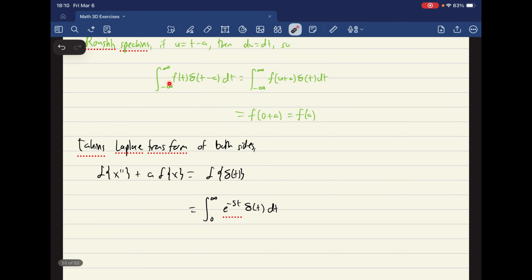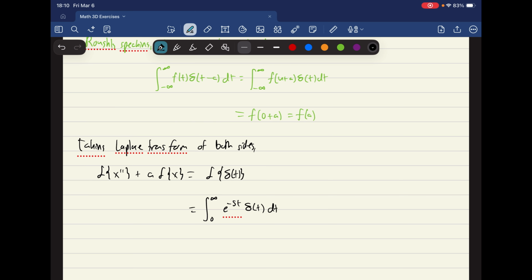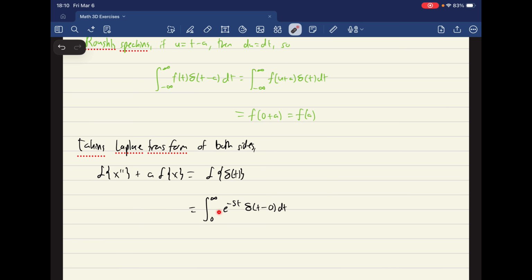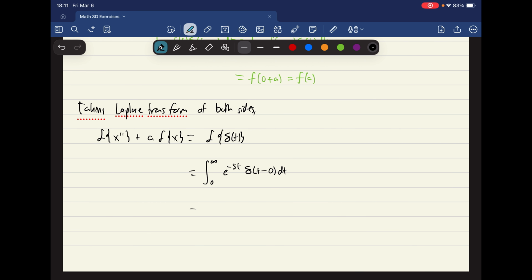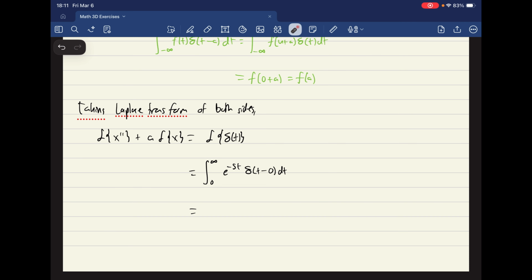And I know up here I wrote the limits from minus infinity to infinity, but all that really matters is that the region you're integrating over contain the point you're subtracting by in this delta function. So if we imagine writing this as delta t minus 0 dt, our point 0 is in this interval of integration. And so to evaluate this integral, we just need to plug in this value 0 for the value of t right here.